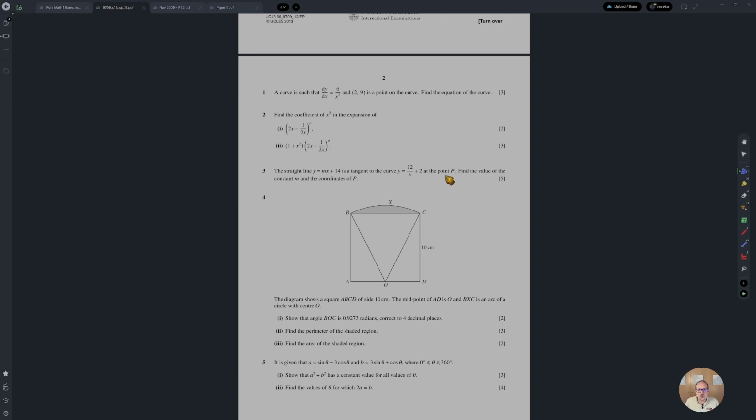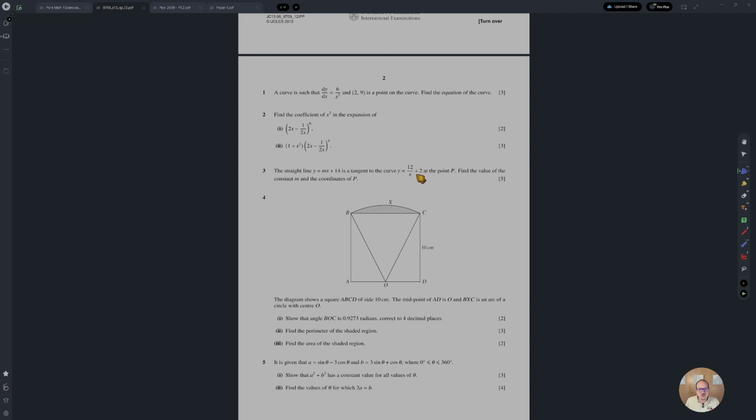Okay, so if you want to get the values of both m, the gradient of the tangent, and P, the coordinates of P, then you have to use the only two facts that you know as being true in this particular question, which is, if you differentiate the function, you'll get an expression to all possible gradients.